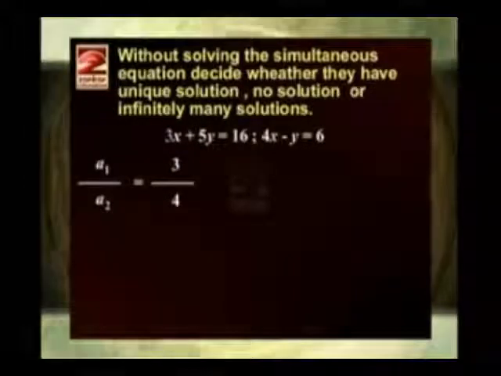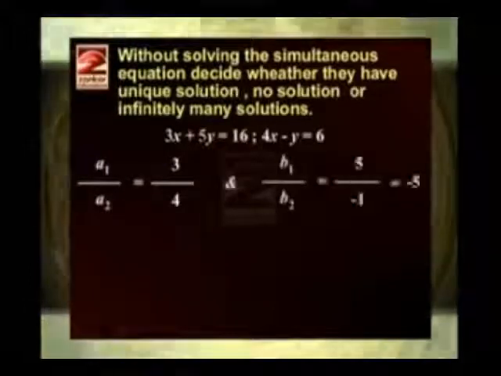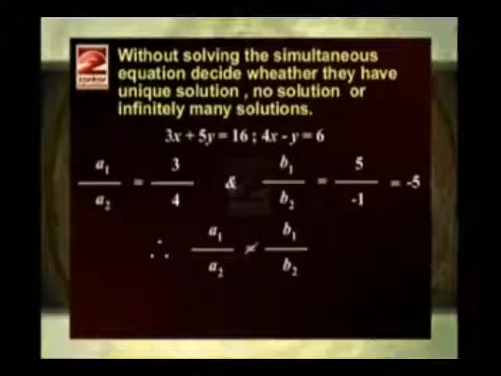Here, a1 upon a2 is equal to 3 upon 4 and b1 upon b2 is equal to 5 upon minus 1, that is equal to minus 5. And therefore, a1 upon a2 is not equal to b1 upon b2, and therefore these are intersecting lines with a unique solution.